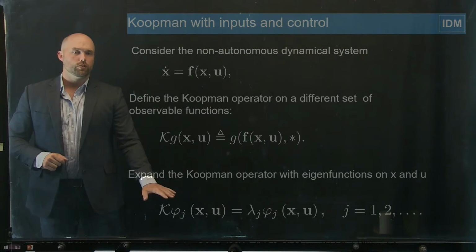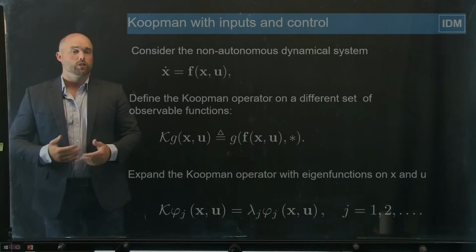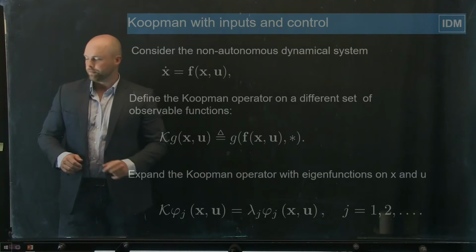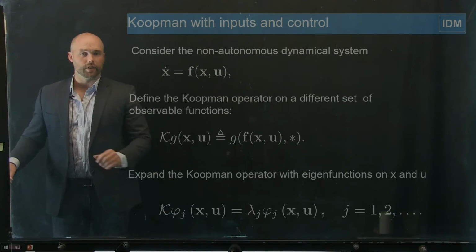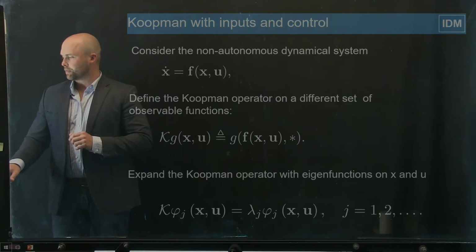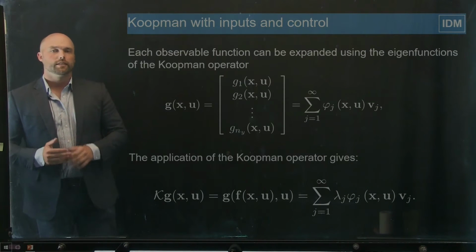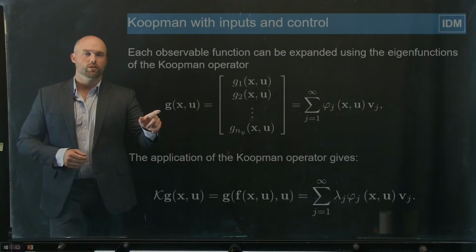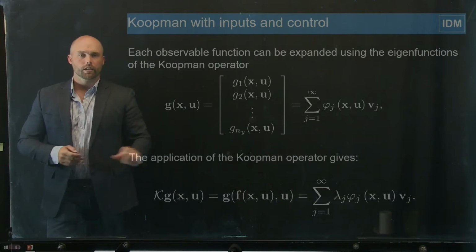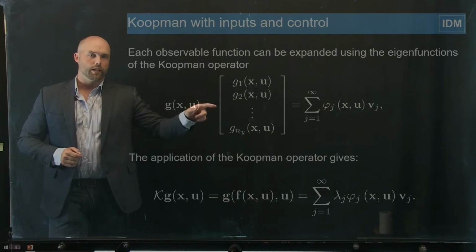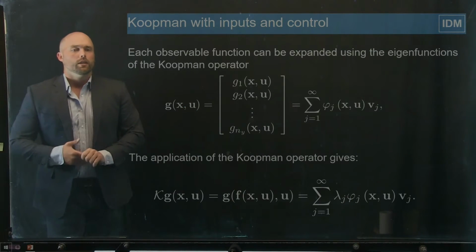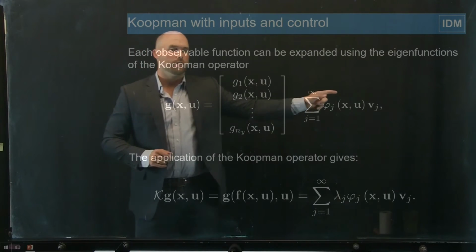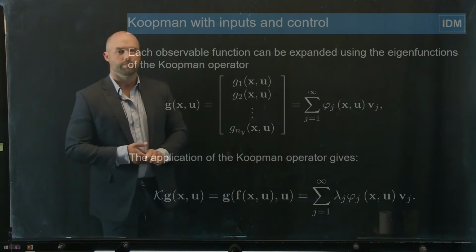We can expand this new Koopman operator with eigenfunctions that depend on x and u. Consider here phi. And again, this is an infinite expansion on this infinite operator. And thus each vector-valued observable function, here denoted by boldface g, comprised of many scalar-valued observable functions, can be described based on the eigenfunctions of our Koopman operator, and now these Koopman modes v.